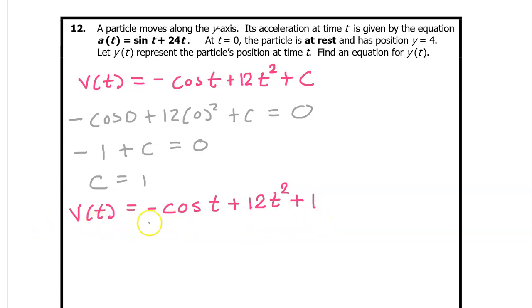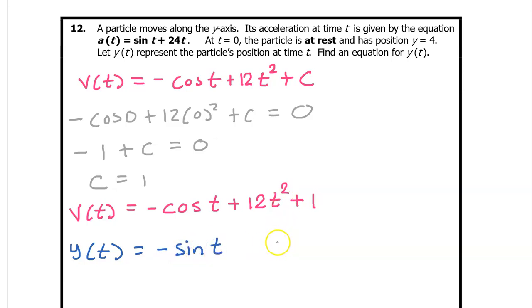Let's integrate both sides of this equation to find an equation of position. The antiderivative of velocity is position, so we will put y of t. Now we integrate term by term on the right-hand side. The antiderivative of cosine is sine, and I'm just bringing down the negative. So we have negative sine t.